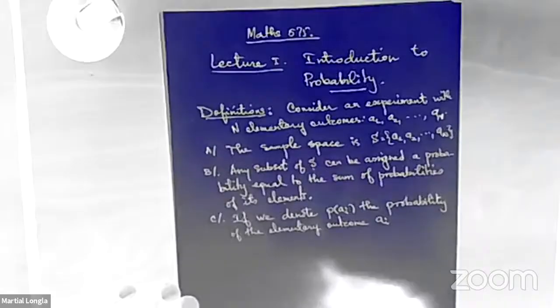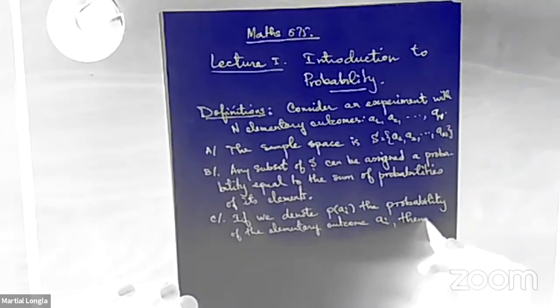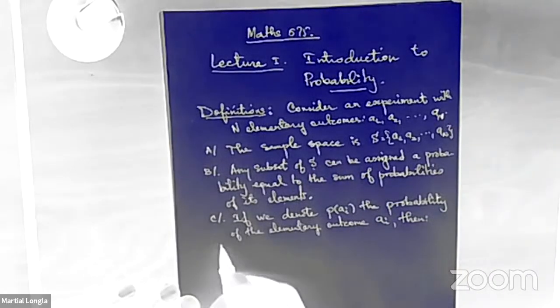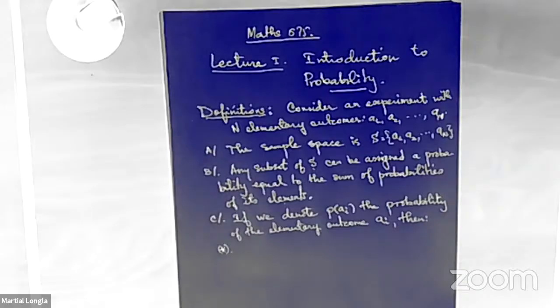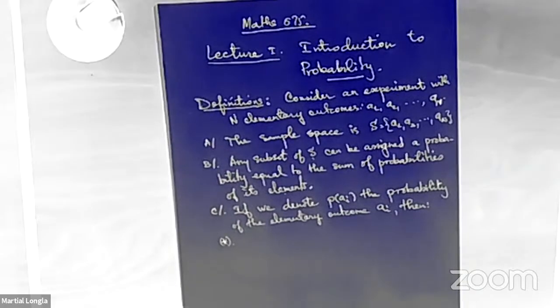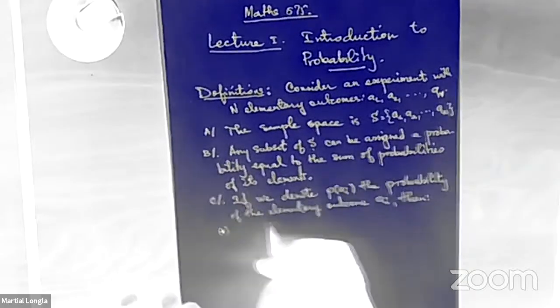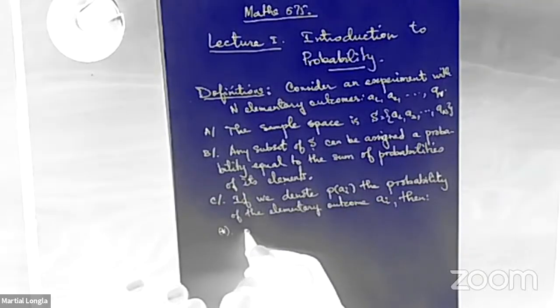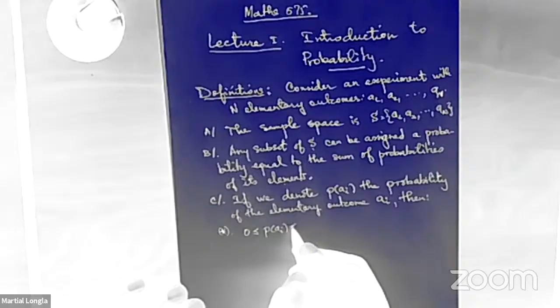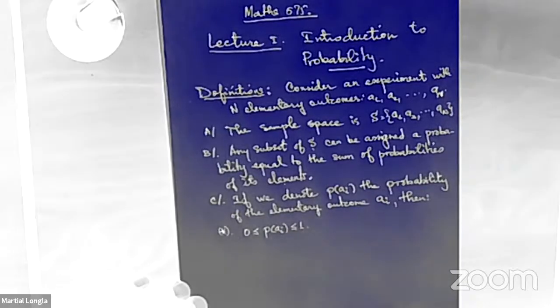AI, then the following holds. These are the properties that show that a function that is defined on a set is a probability function. The first is that 0 is less than or equal to P of AI, and it's less than or equal to 1.